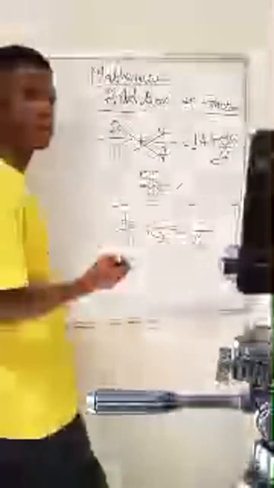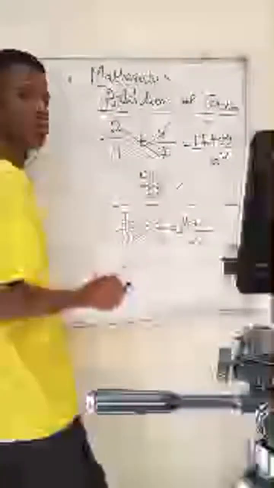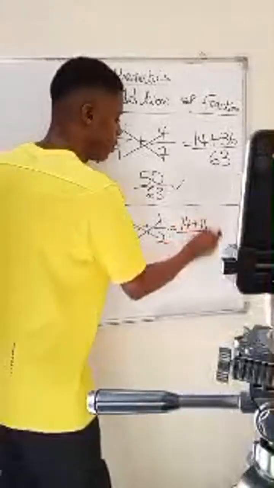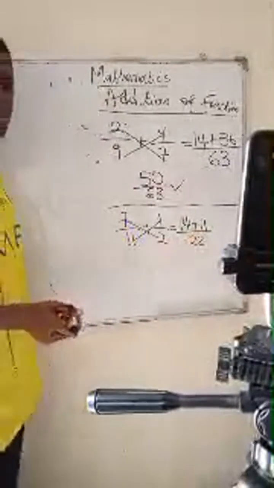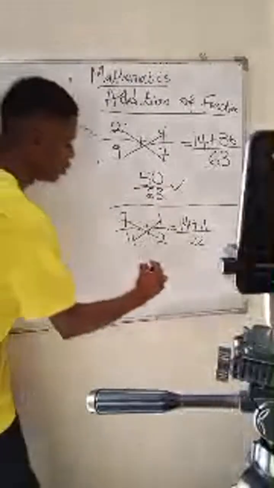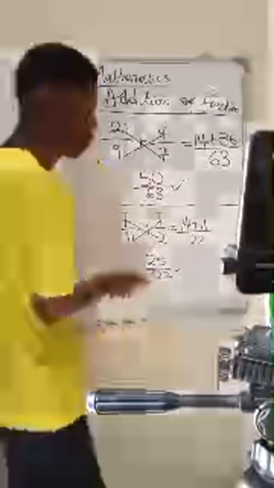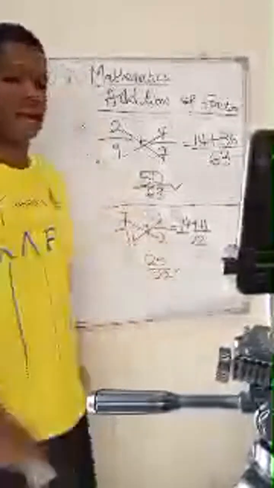Multiply diagonally. 2 times 7 is 14. Plus 1 times 11 is 11. So 14 plus 11 is 25. So you have 25 over 22, and that's the answer. Since we haven't learned how to convert improper fractions to mixed numbers, let's accept this answer for now.